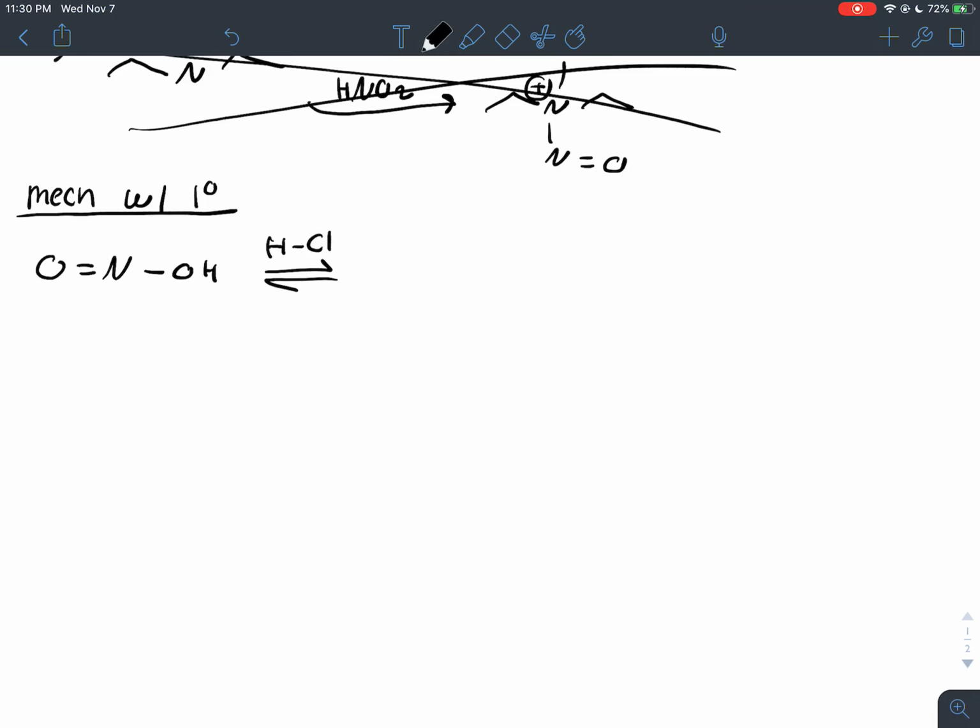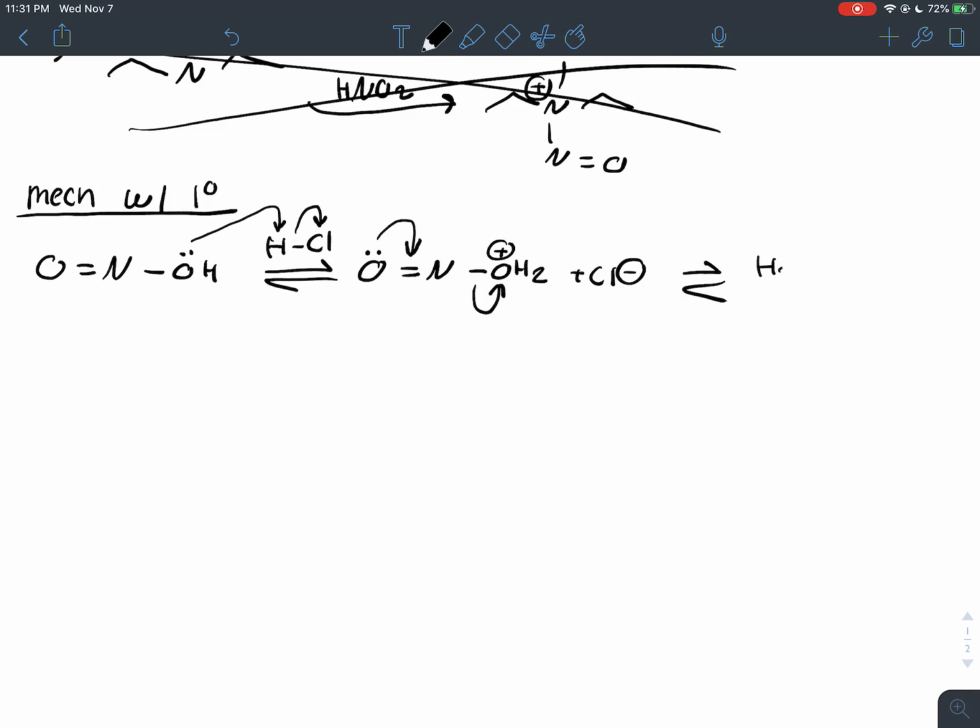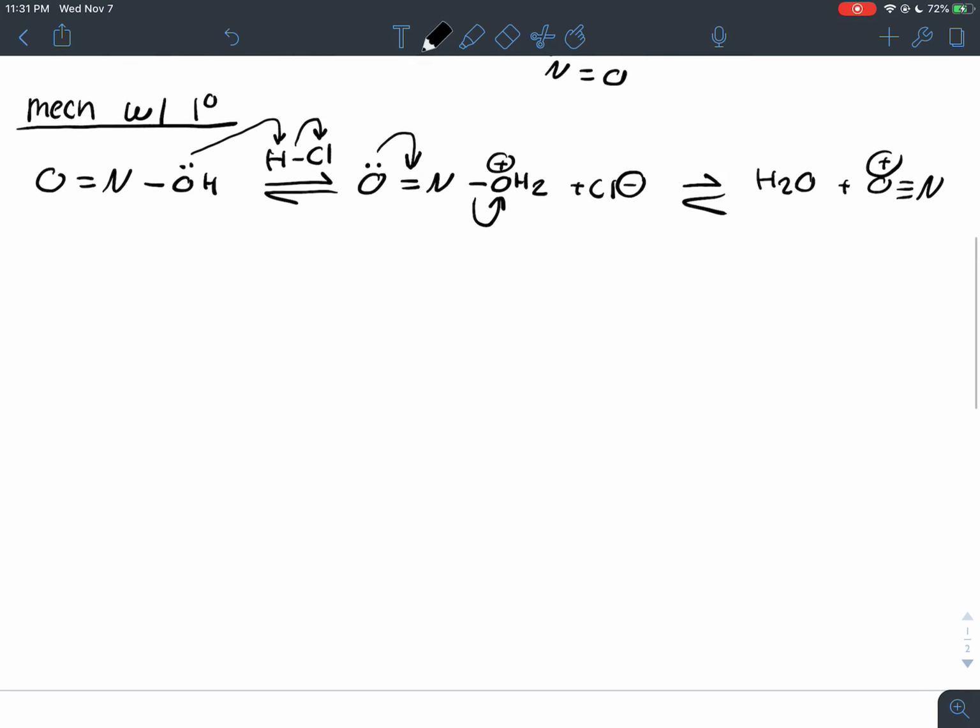So we have an acid-base step, giving H2O plus and Cl minus. Now that we have a good leaving group, the lone pairs from the oxygen come in and kick the water out, forming the nitrosonium, N triple bond O plus. Cool, and that's step one.